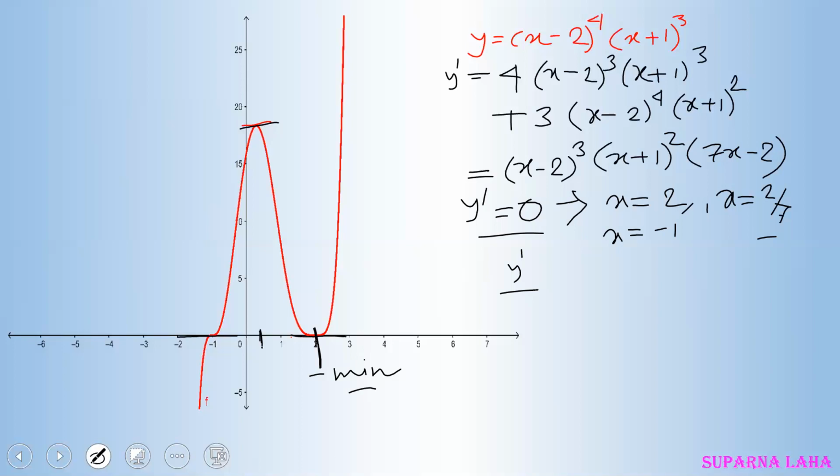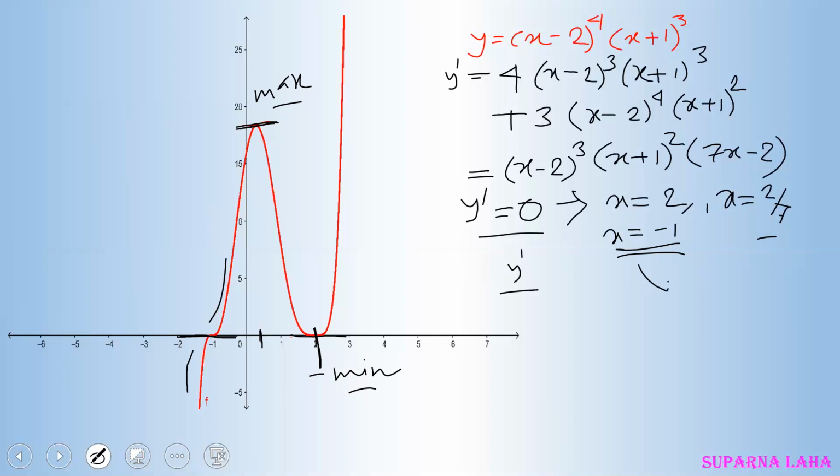This point is here. At these points we can find the local maxima and local minima, but at x equals minus 1, it is neither maxima nor minima. In fact, the sign of the first derivative is not changing before minus 1 or after minus 1, but its concavity is changing.